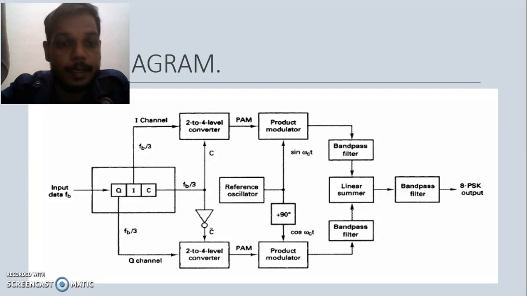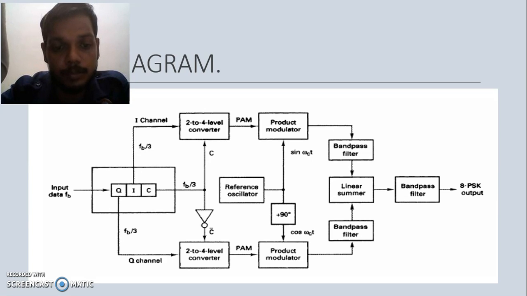This is the block diagram of the 8PSK. First of all is the input data, which is the Q, I, and C channels. The I channel will flow into the 2 to 4 level converter, and the Q channel also will flow to the 2 to 4 level converter, which will be passed by PAM and enter the product modulator.